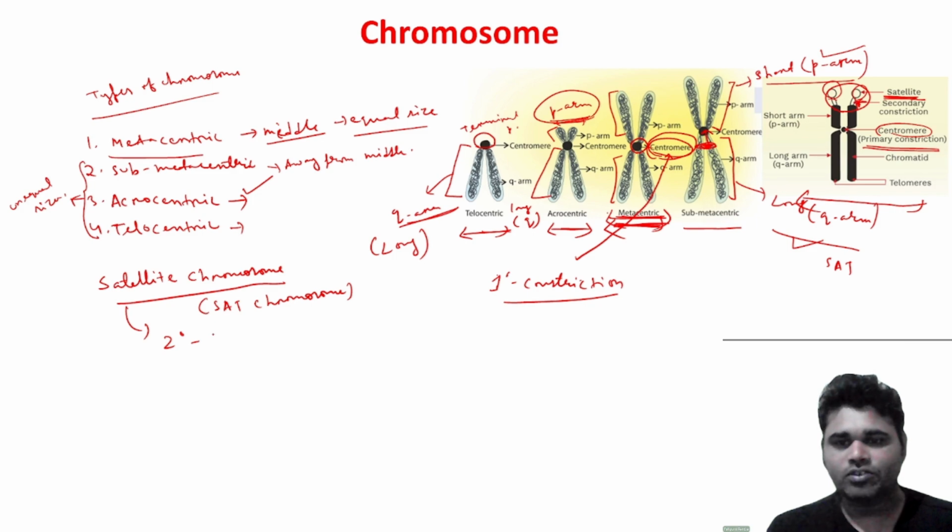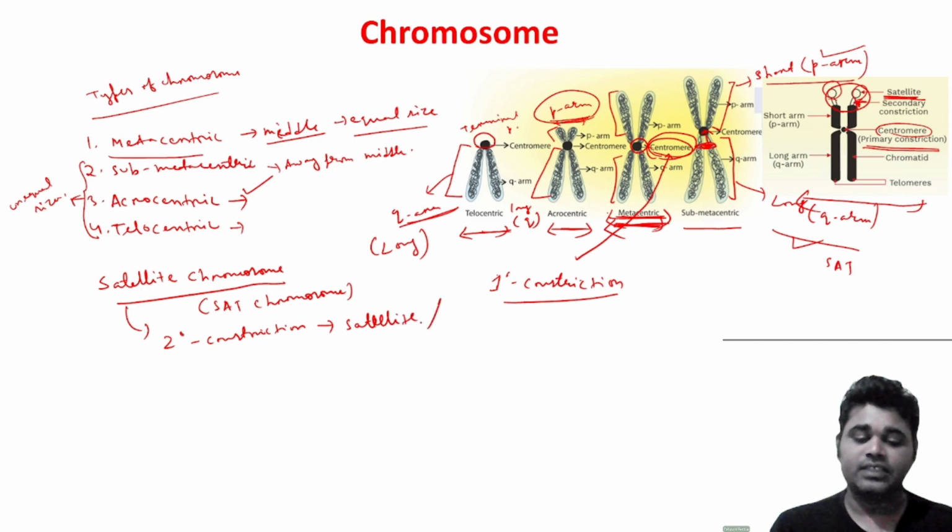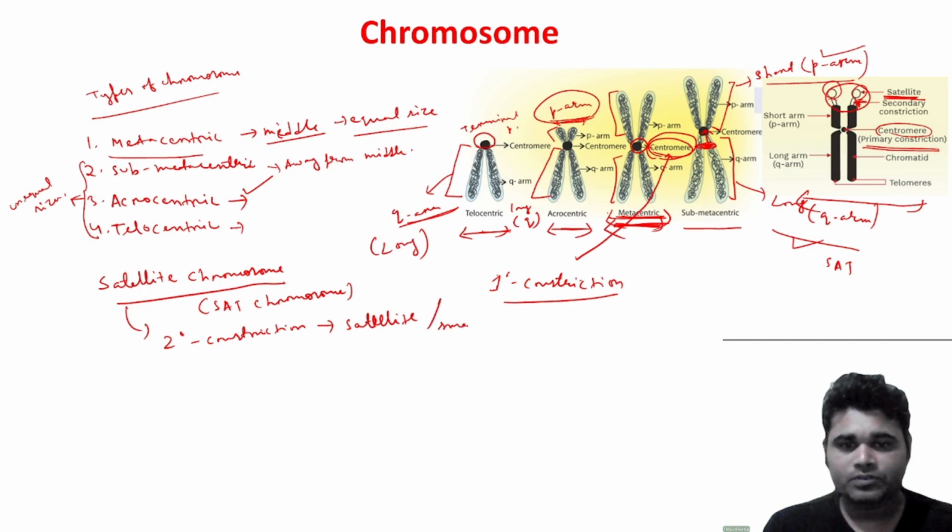In the satellite chromosome, a secondary constriction is present, and because of this secondary constriction, a small fragment is formed, which looks like a satellite.